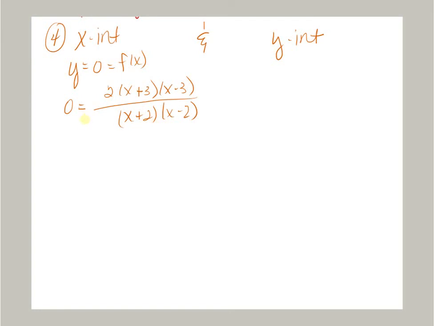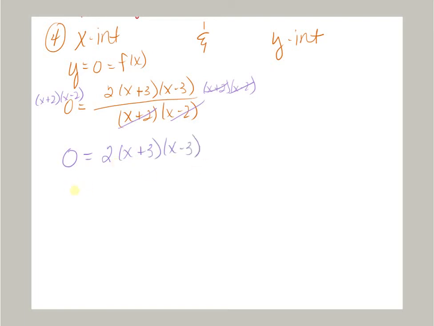If I multiply both sides by this (x plus 2)(x minus 2) business, it cancels it off the right side, and anything times 0 is still 0. So I have 0 equals 2 times (x plus 3)(x minus 3).